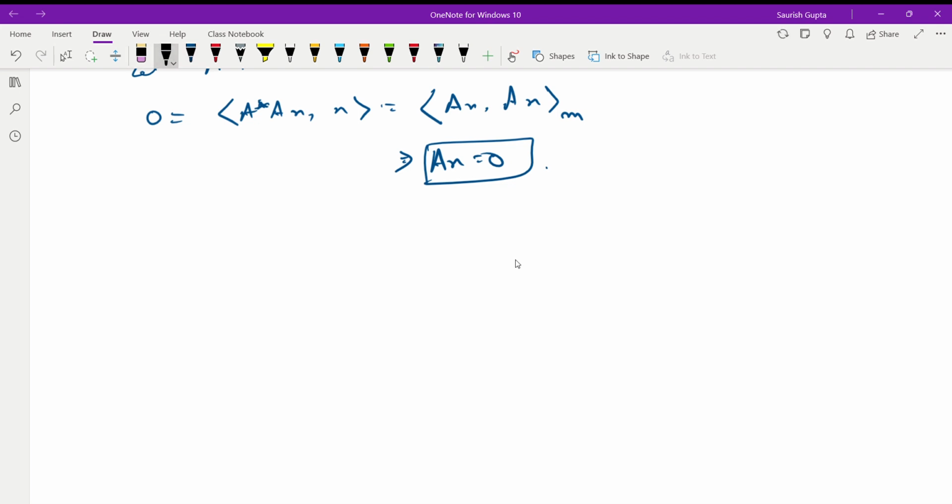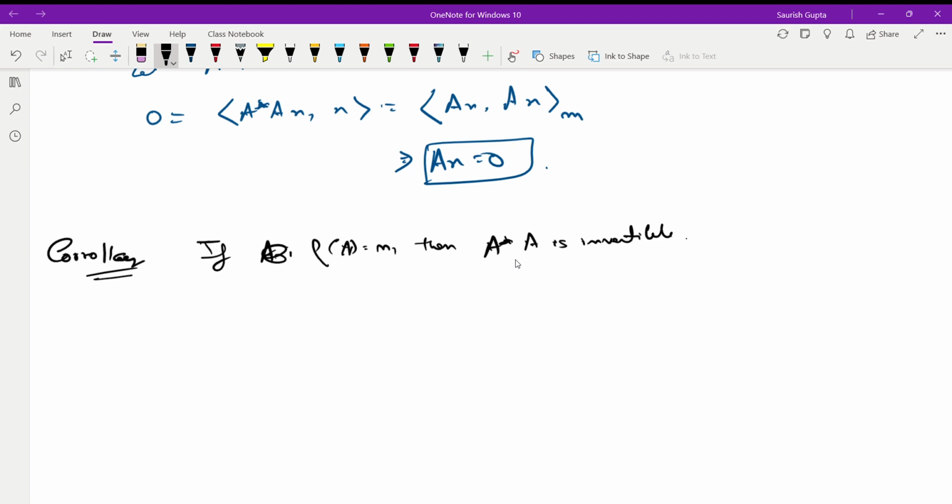So, what is the immediate corollary to this? What can I say about the fact that if rank of A is n, then A star A is invertible, right?